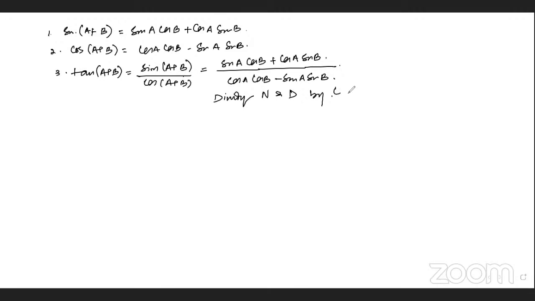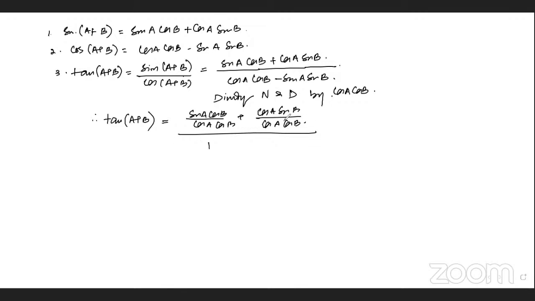Cos A cos B, that is by cos A and cos B. So therefore you will see that tan of A plus B, that means you will divide all the terms in the numerator and all the terms in the denominator by cos A cos B. So it will become sine A cos B upon cos A cos B, plus cos A sine B upon cos A cos B, okay, divided by, that is one, है ना, cos A cos B divided by cos A cos B, and sine A sine B upon cos A cos B. देखिए, we will get now what?